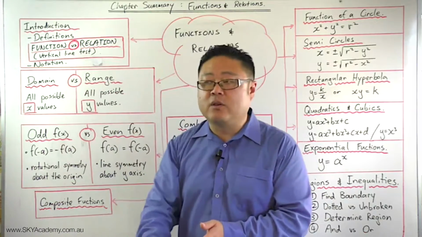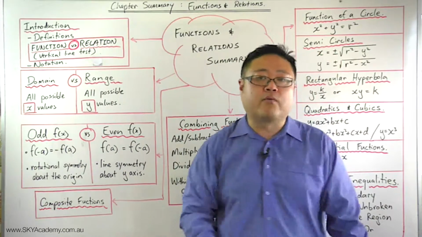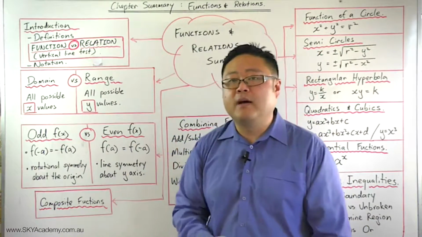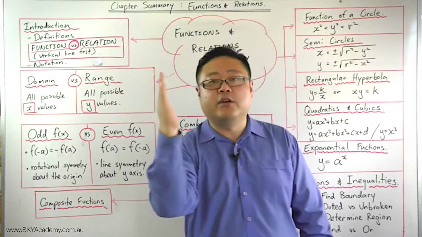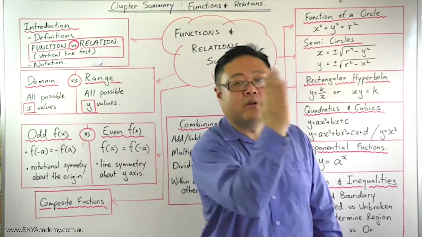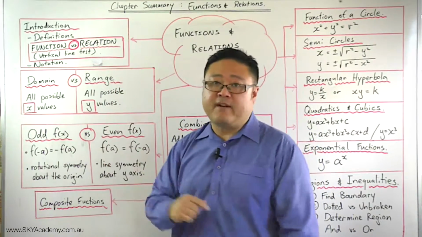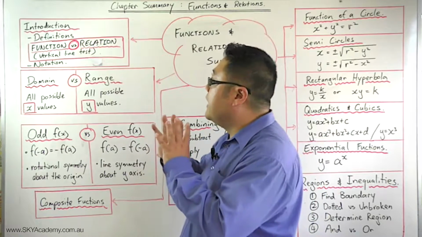Do you remember that? If you run a vertical line all the way through a graph, the function should never cross that vertical line in more than one place as that vertical line moves across the function. Yes? So that's basically what functions and relations were.